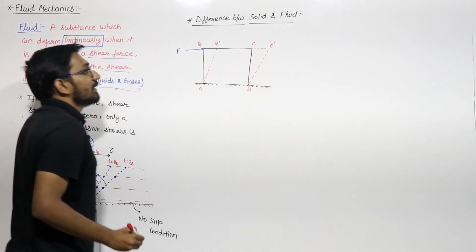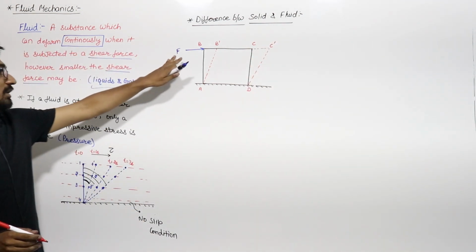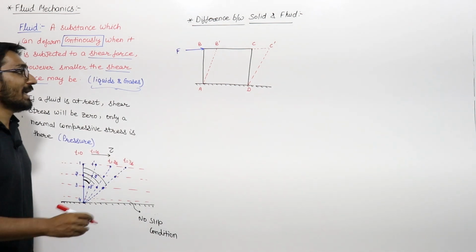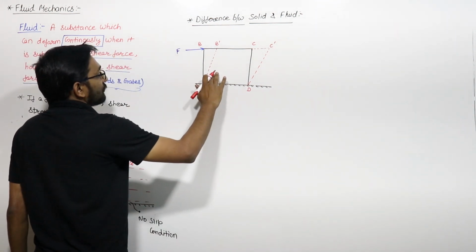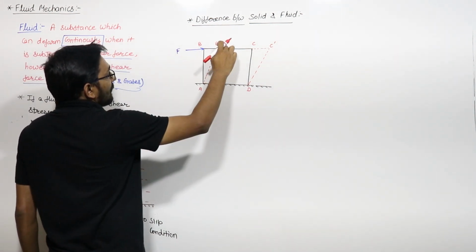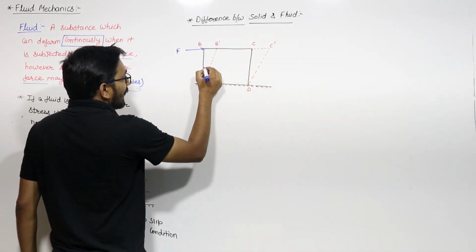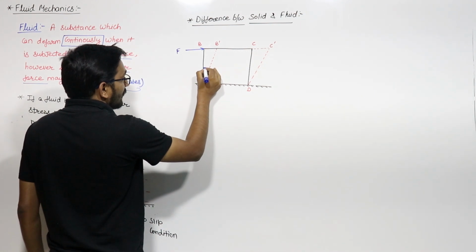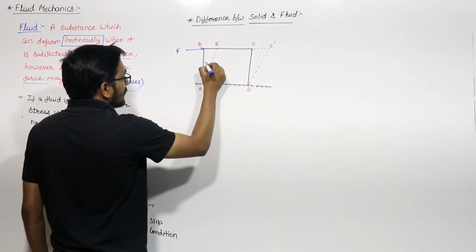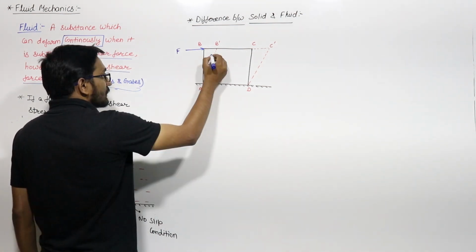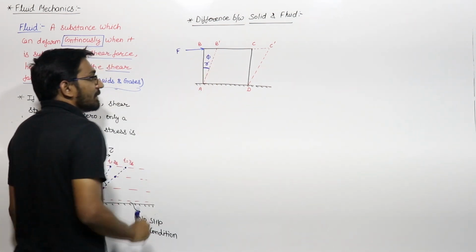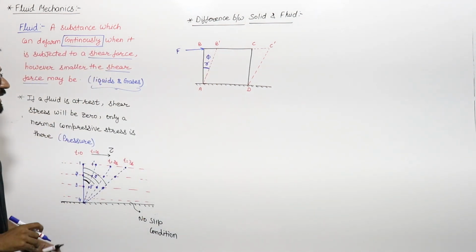After the shear force, the shape will be A, B dash, C dash, D. And you know that this change of angle, this angular deformation, is shear strain or shear angle.